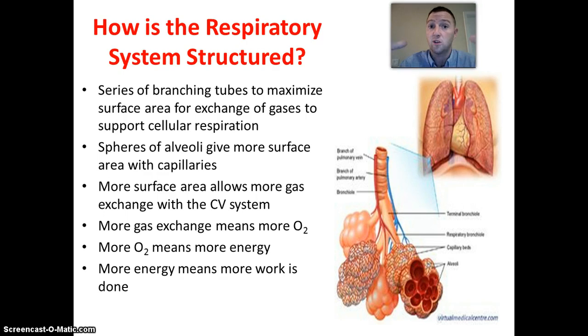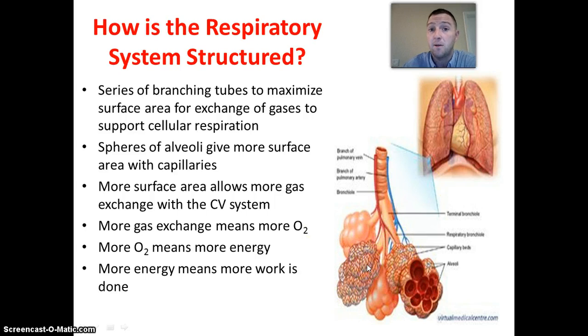So more surface area is good. I get the most surface area with spheres. Spheres give more surface area than any other shape, and per volume, I should say, greatest surface area to volume ratio.